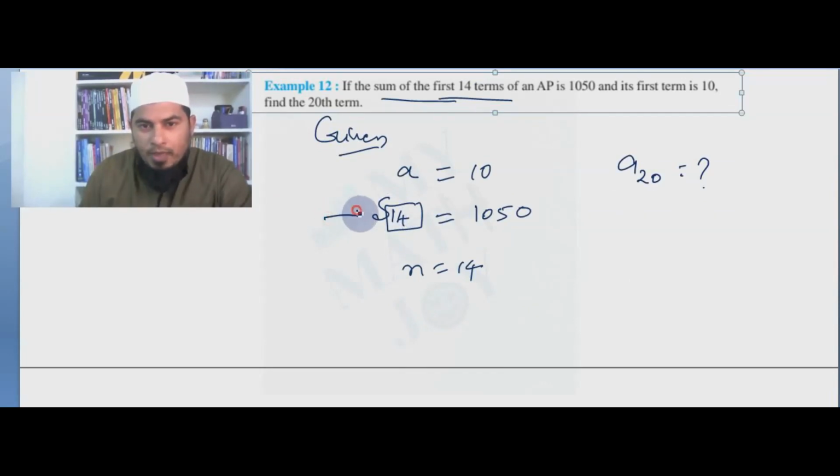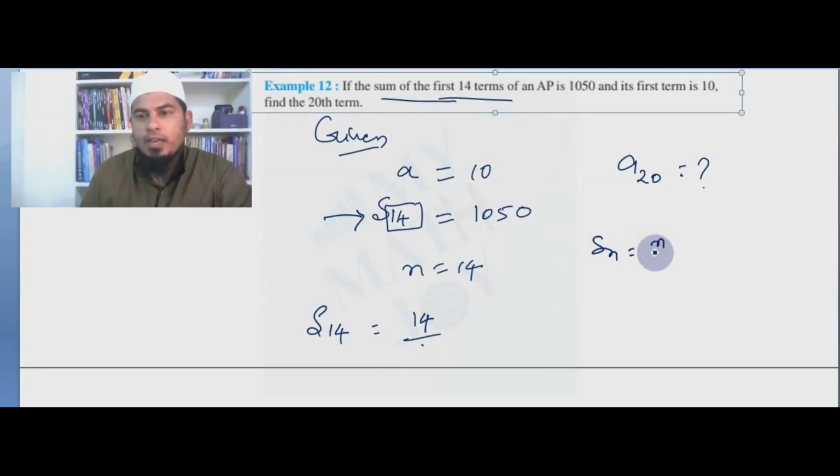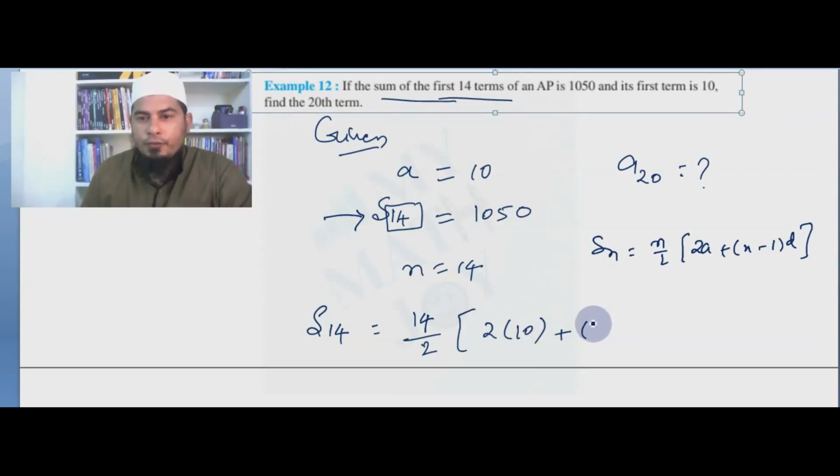In this formula, S14 is nothing but 14. The formula is Sn is equal to n over 2 into (2a plus (n minus 1) d). So we get 14 over 2 times (2 times a, which is 10, plus (n minus 1), where n is 14, so 13, times d).